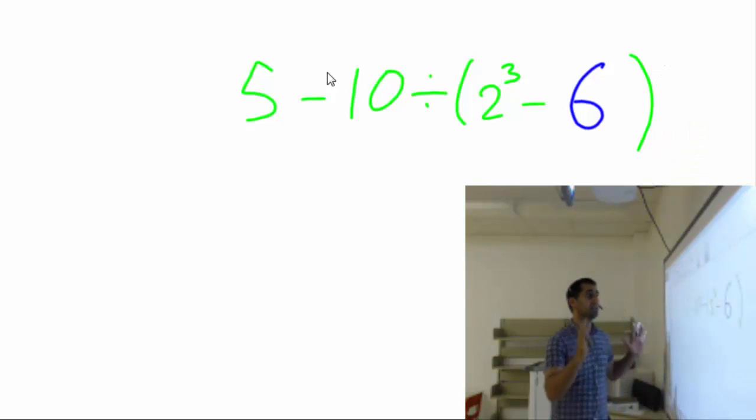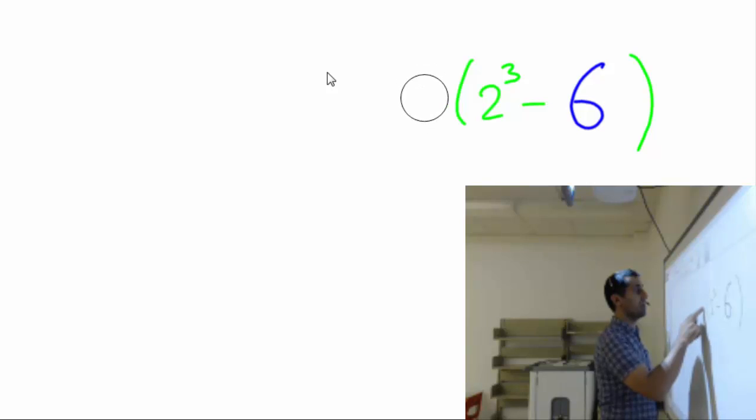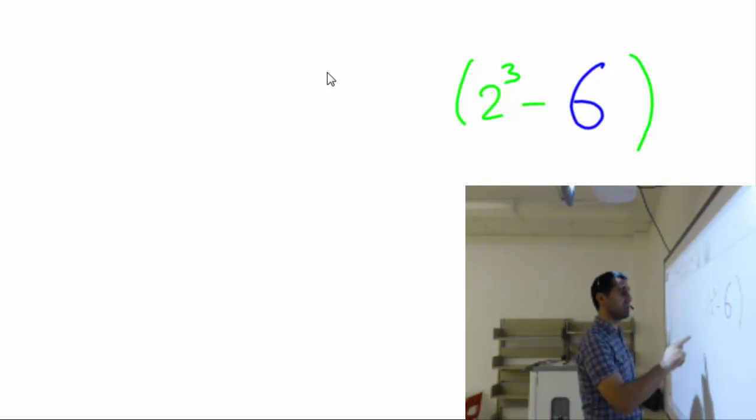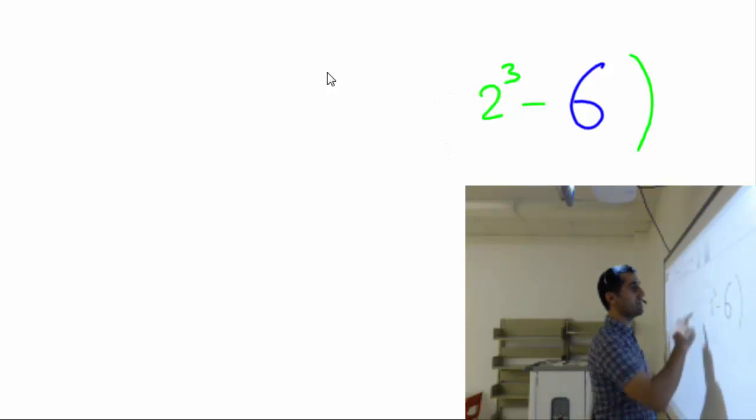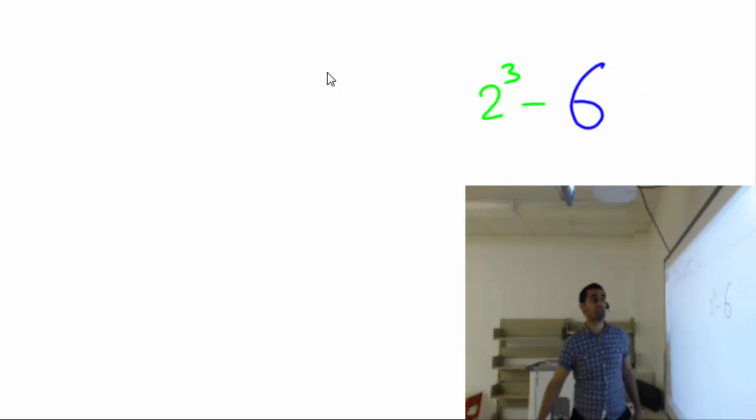And I'm going to deal with this question. But I see brackets inside. So let's do that first. I'm going to erase one bracket from the left, one bracket from the right. So what is left here is 2 power of 3 minus 6.